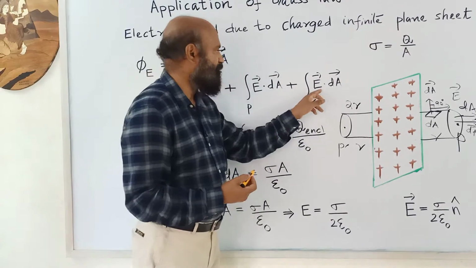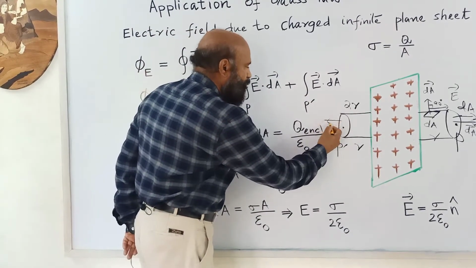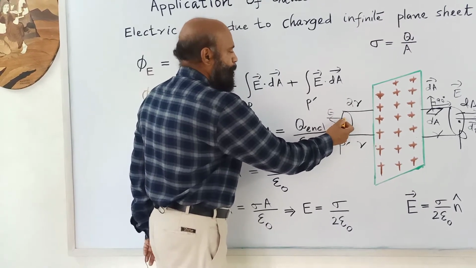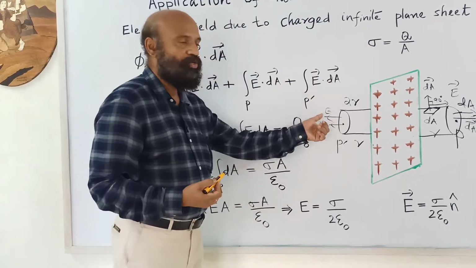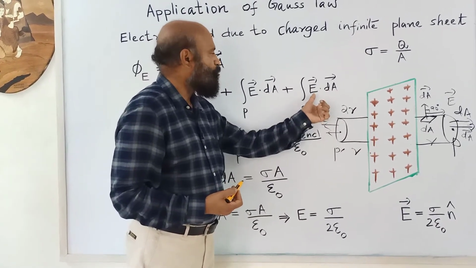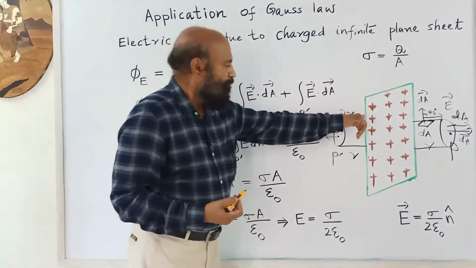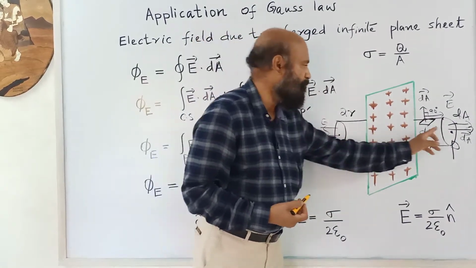Similarly, on this side also the electric field is radially outward. This is the area vector. Here also the electric field and area vector are parallel, so theta is 0 and cos 0 is 1. So this term will be E dA. Now, at equal distance, the field here and the field here will be the same.